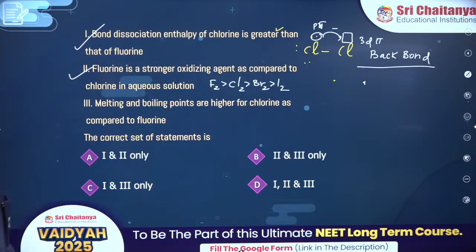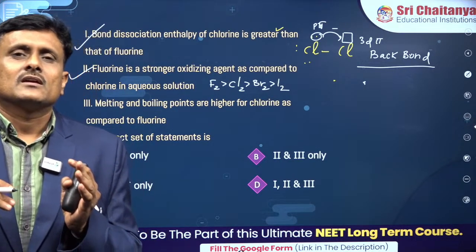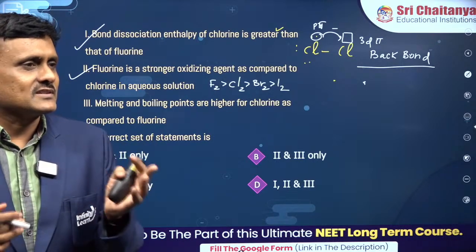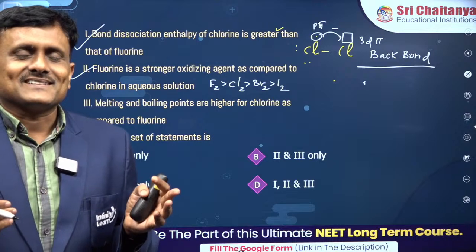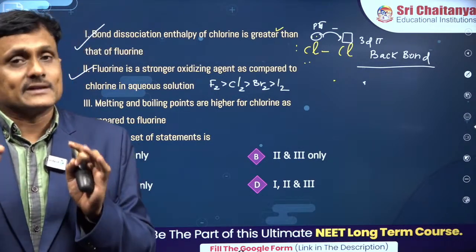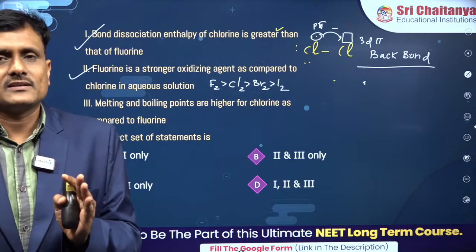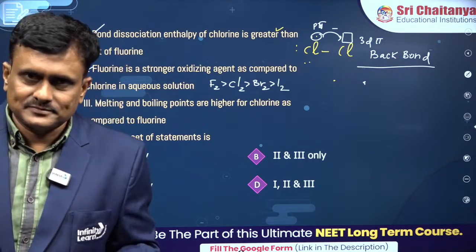Let's see. Moksha. Melting and boiling point higher for chlorine as compared to fluorine looks to be alright. See, when you listen to me, we think like this: sir, fluorine is a liquid, chlorine is, like someone is already mentioning in the comments. Let me tell you, buddies, we are comparing here for all liquids only. When I say boiling point, that means all liquids. When I say melting point, that means all solids.